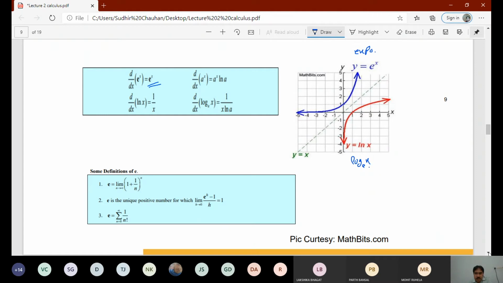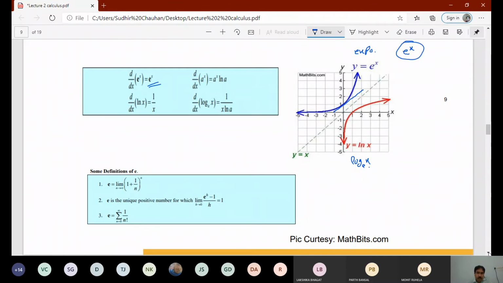So we can see that these are strictly increasing functions, and the differential of e raised to power x by dx is always equal to e raised to power x. That means if we find the tangent at any of these points, suppose we find tangent at this value, its value is equal to 1. So always the slope of tangent of this function is equal to e raised to power x.